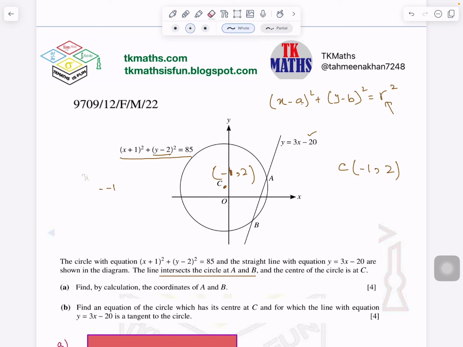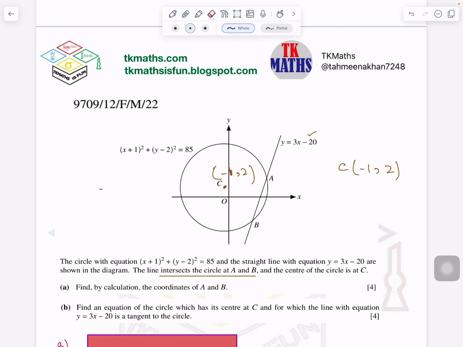Okay, so let me just erase all this extra thing. The first part of the question is saying find the coordinates of A and B. So I think it's simple. Everybody knows when a line and a curve, or two lines, are intersecting and we have to find those intersection points, we solve simultaneously. Absolutely right.